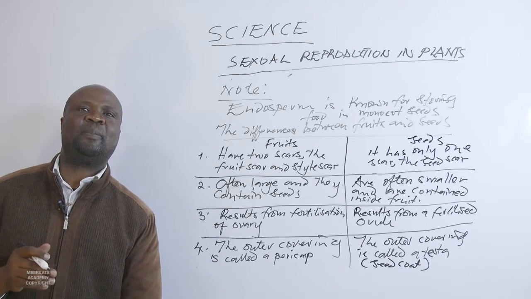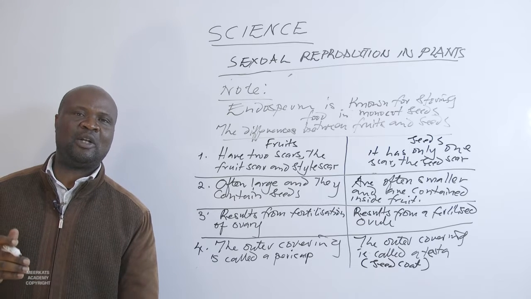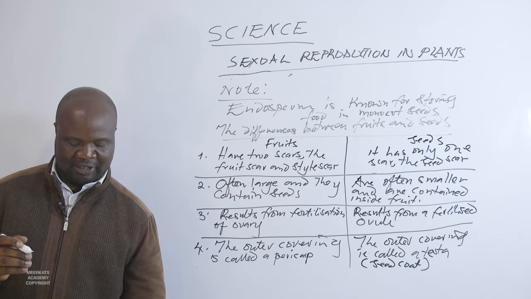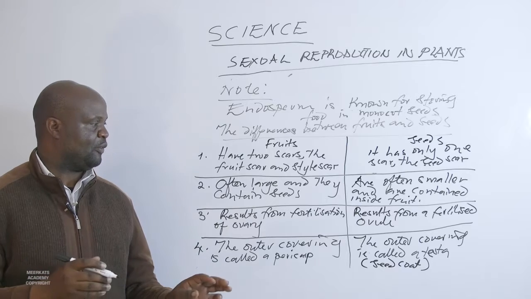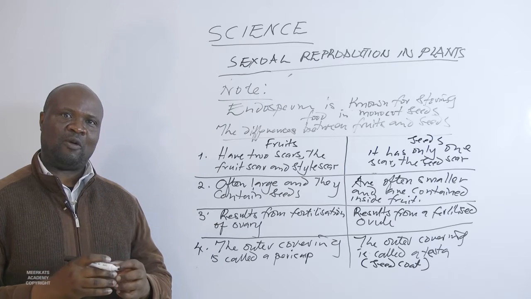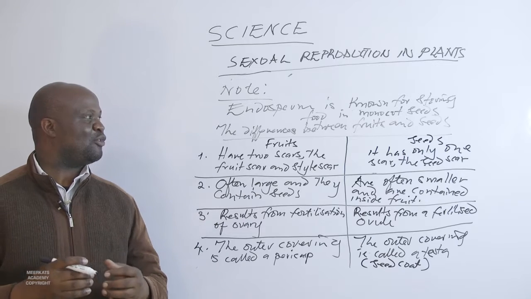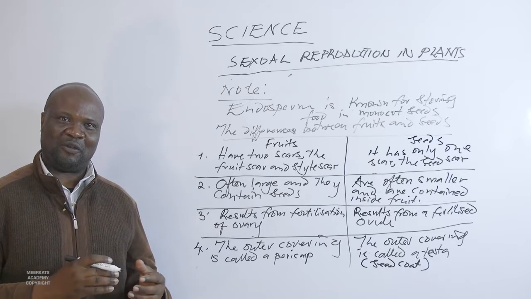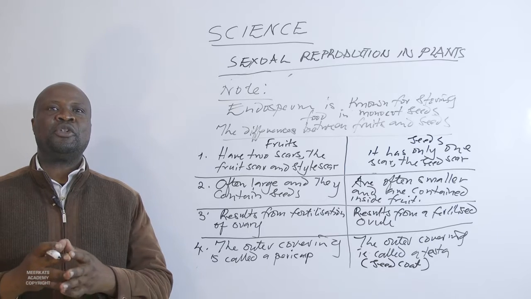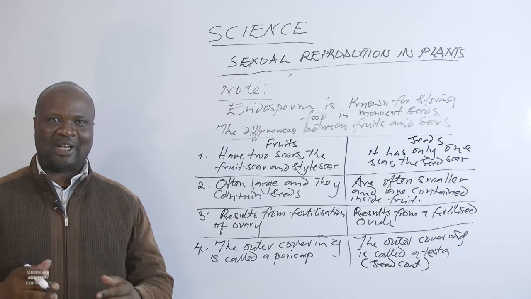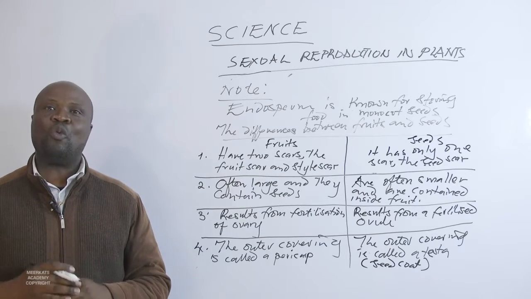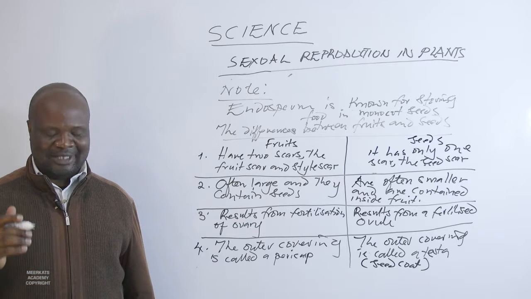We have seen the process of fertilization, what happens when fertilization takes place. We have seen up to the seed. Now, what we can ask ourselves is, from these seeds, how do they grow into plants? The seeds are able to grow into plants when they germinate. So we have a process that we call germination.